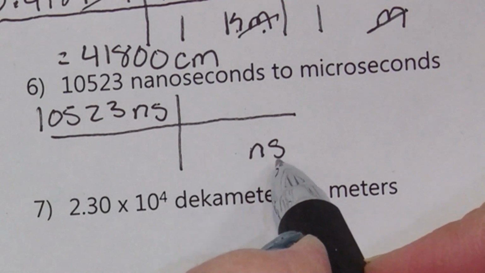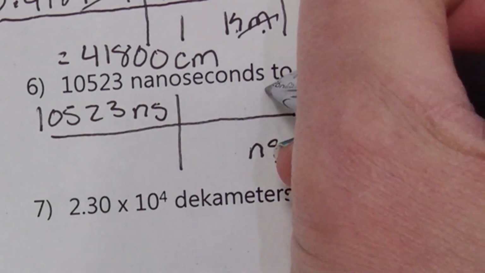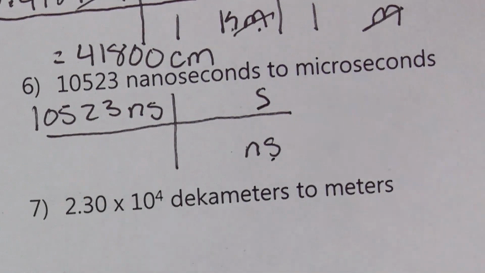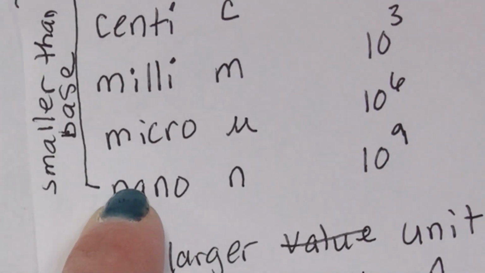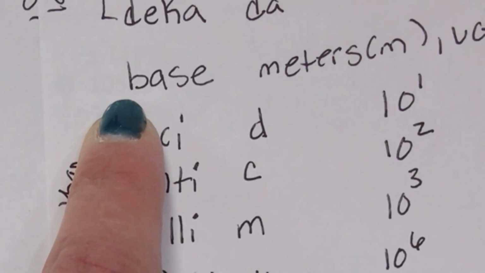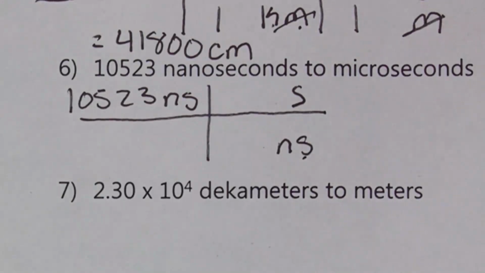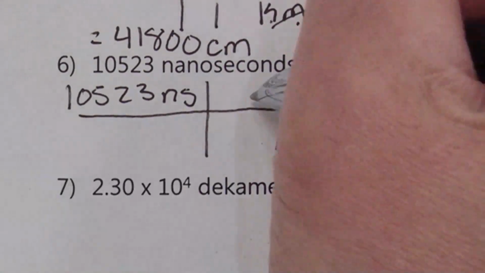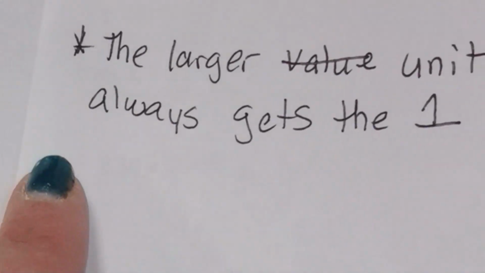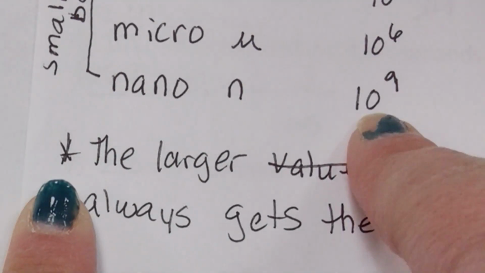So out of the nanoseconds, second is the base. The larger value gets the 1. So when I look, nano is actually below the base. So in this case, the base is the larger value. I get the 1, or the larger unit. So what am I going to put into my nano? I'm going to put in a 10 to the 9.